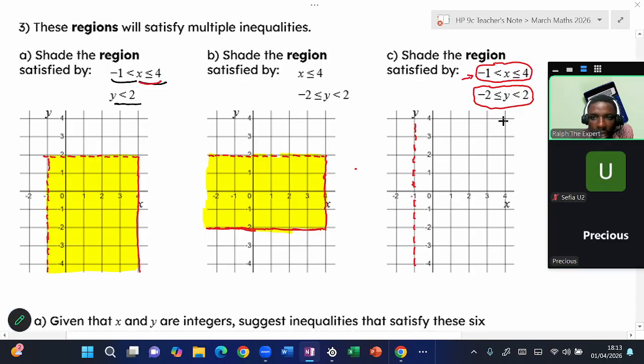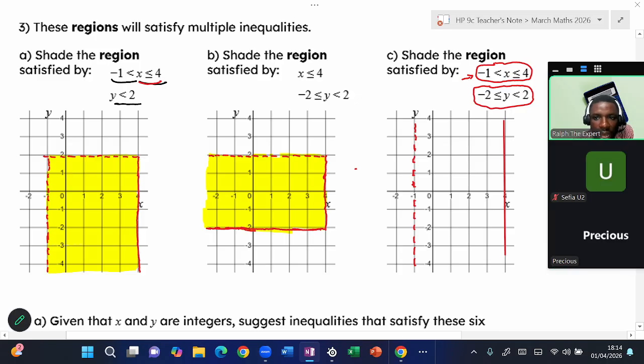Then draw a line at y equals -2. What kind of line?